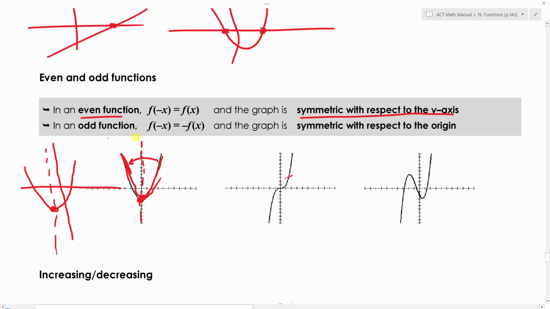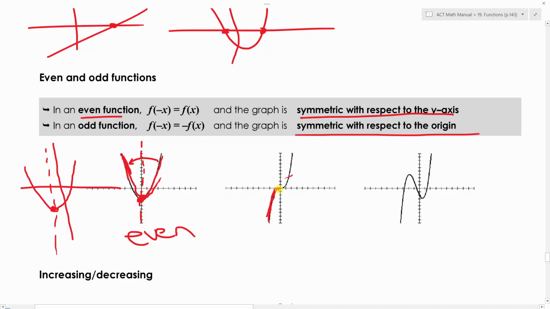Now, an odd function. So this guy over here is even. An odd function is symmetric with respect to the origin. Symmetry with respect to the origin is a little bit tricky to understand, but basically if you take the graph and rotate it 180 degrees around the origin, so in this case I can look at this piece of the graph.